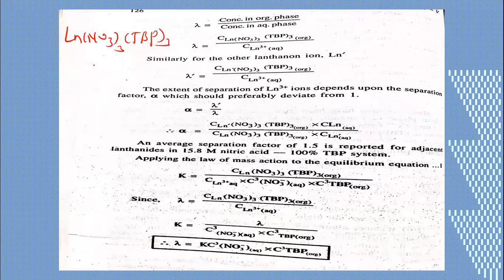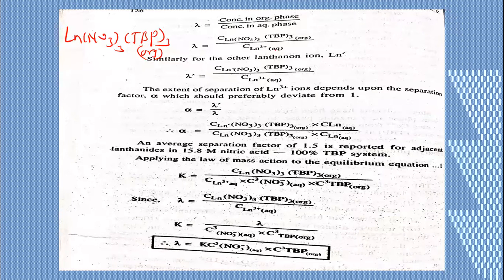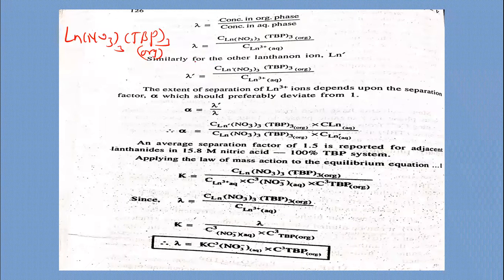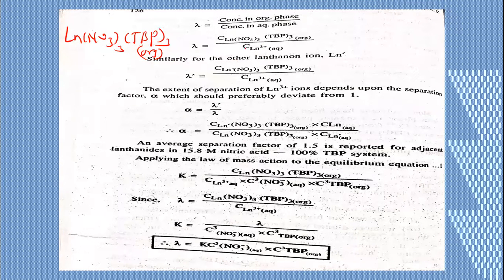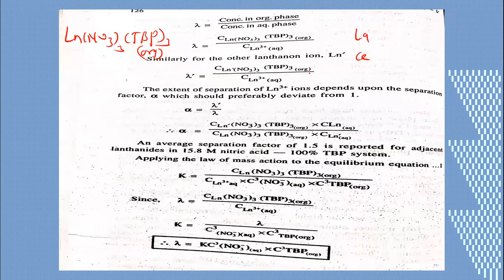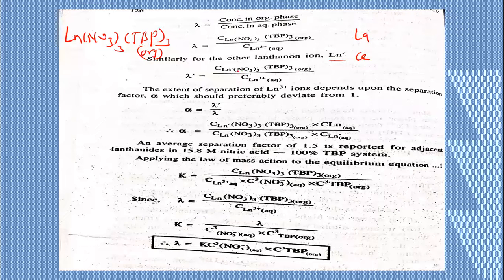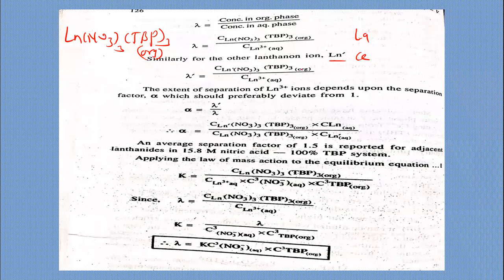So the concentration of the lanthanide in the organic phase, that is the complex, divided by the concentration of the lanthanide in the aqueous phase. This is known as the distribution coefficient. This is for one lanthanide ion. Suppose it is for lanthanum, and now for the next lanthanide ion, cerium. Similarly, for the other lanthanide ion Ln dash, lambda dash is equal to the concentration of the next lanthanide complex.